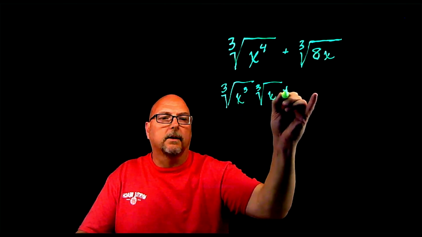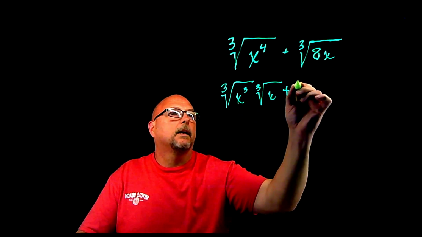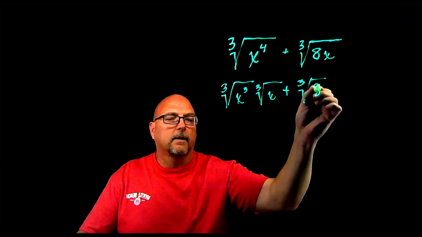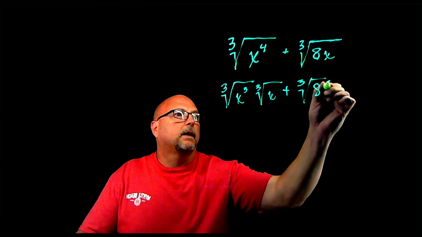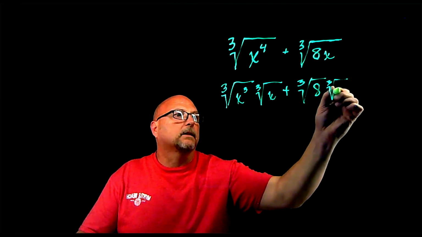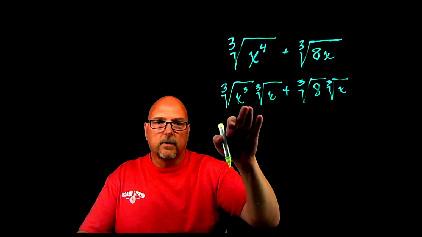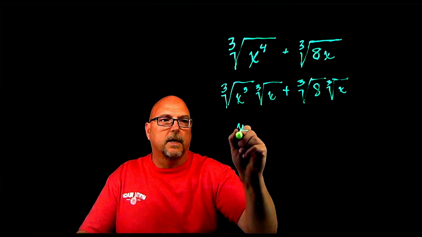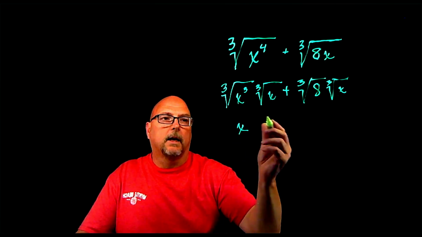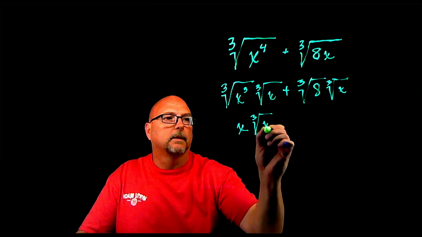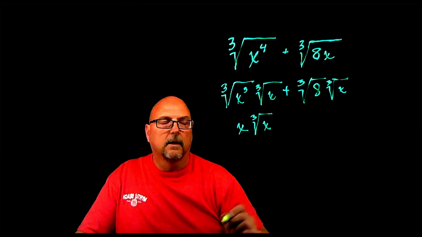Plus, over here, well, I can separate this too: cube root of 8 times the cube root of x. So here's what happens. The cube root of a number cubed is just the number times the cube root of x. That doesn't go any further. So it's just cube root of x.